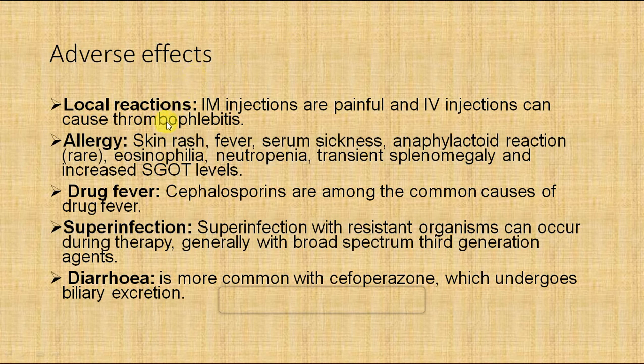So what are the adverse effects? Mainly the local reaction, IM injections are painful and IV injection can cause thrombophlebitis. They can cause allergy in the form of skin rash, fever, then serum sickness, then some anaphylactic like reaction can also come, then eosinophilia, neutropenia, transient splenomegaly and increased SGOT level also seen in some cases, but anaphylaxis chance is much less than the penicillin class antibiotic.